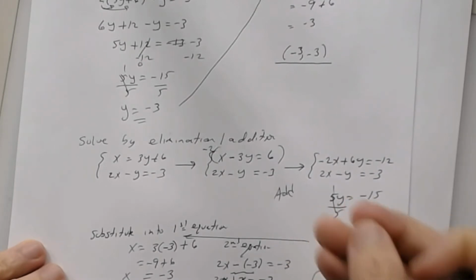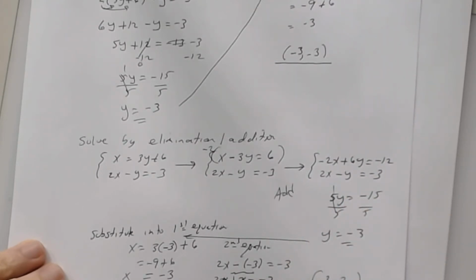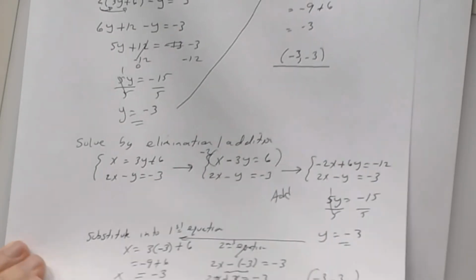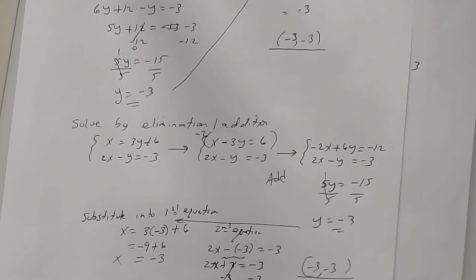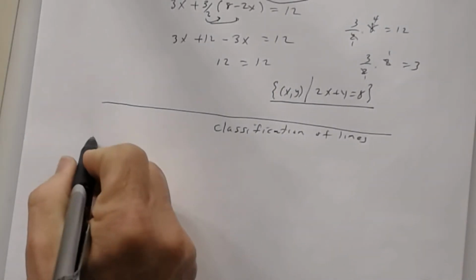It was the point negative 3, negative 3. So I had 1 solution. It was 1 point. That means that if you were to graph these 2 equations or these 2 lines, what would happen in the coordinate plane? They would intersect at how many points? 1. All right. So, number 1.